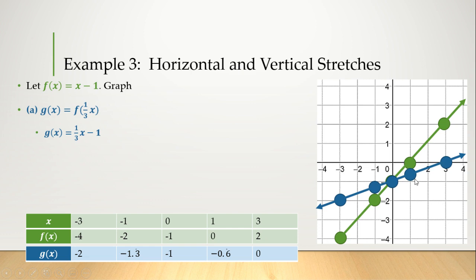So what we see from this is this has created a horizontal stretch. Our green line is being pulled at from its sides. Okay, and because this was a 1/3, it stretched it by a factor of 3. Everything is 3 times bigger.